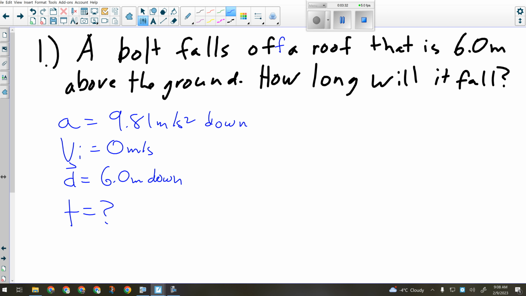I did distance divided by acceleration. If I go distance divided by acceleration, is that going to give me the right units though? If I divide meters by meters per second squared, I'm not going to get seconds for my units, right?